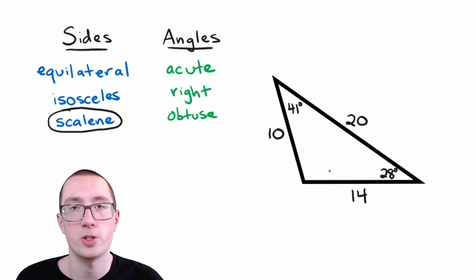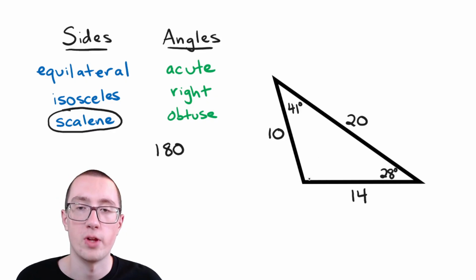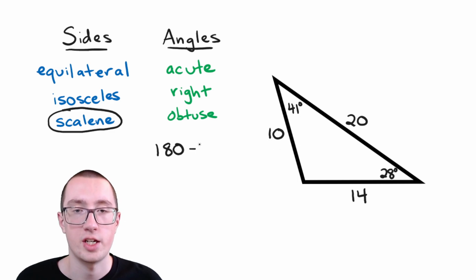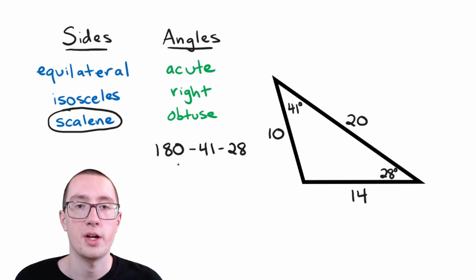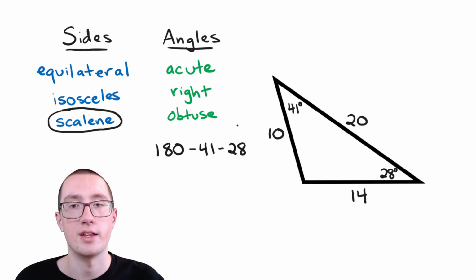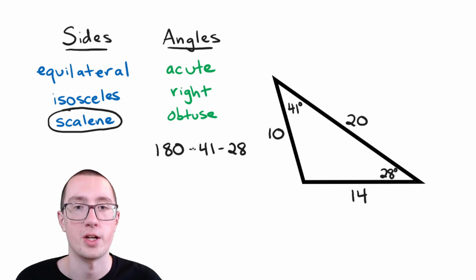But we always want to make sure, so let's go ahead and do the math. Remember that triangles always add up to 180 degrees. So let's find out how many degrees are left for this angle. The total is 180, but this angle is taking up 41, and this angle is taking up 28. So let's go ahead and subtract these two numbers out and then see how much is left for our third angle.